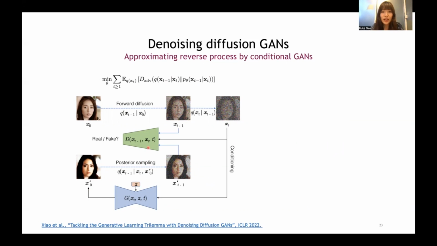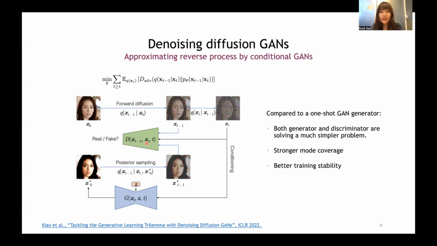The discriminator takes the real x_{t-1} and the fake x_{t-1}' as input and tries to discriminate these two samples. Again, the discriminator is also conditional on x_t and the corresponding time step t.